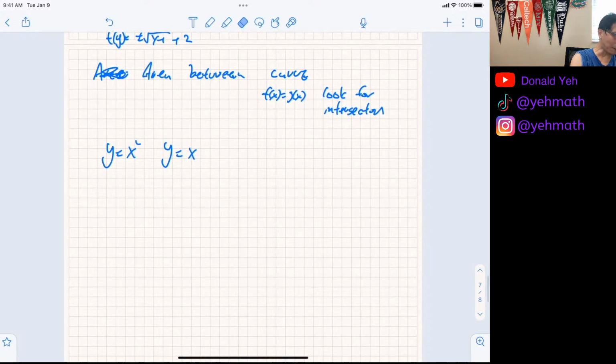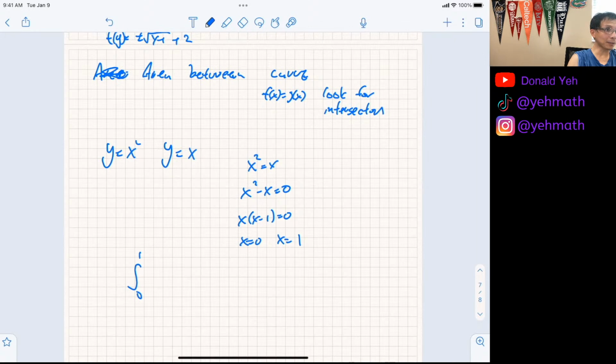Okay, so how do I find the area between the curve? What you're going to do is set the equations equal to each other and find the intersections: x equal to 0, x equal to 1. That way you know it's bounded between 0 and 1. Now, how do you know which graph is on the top? Plug in a number. Which number?